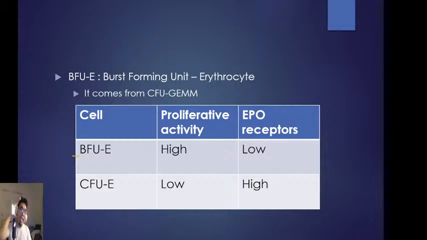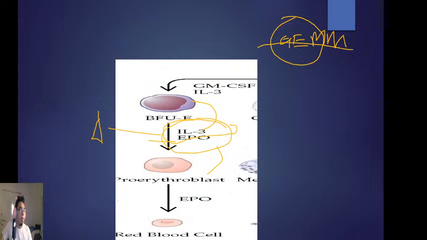The younger the cell is, the more cell division it can do. The older it is, the fewer cell divisions it can do, but it requires more stimulation, and therefore there are more receptors. Look at the chart here. BFU has higher proliferative activity as opposed to CFU-E, colony forming unit erythroid. It's here in between these two things.